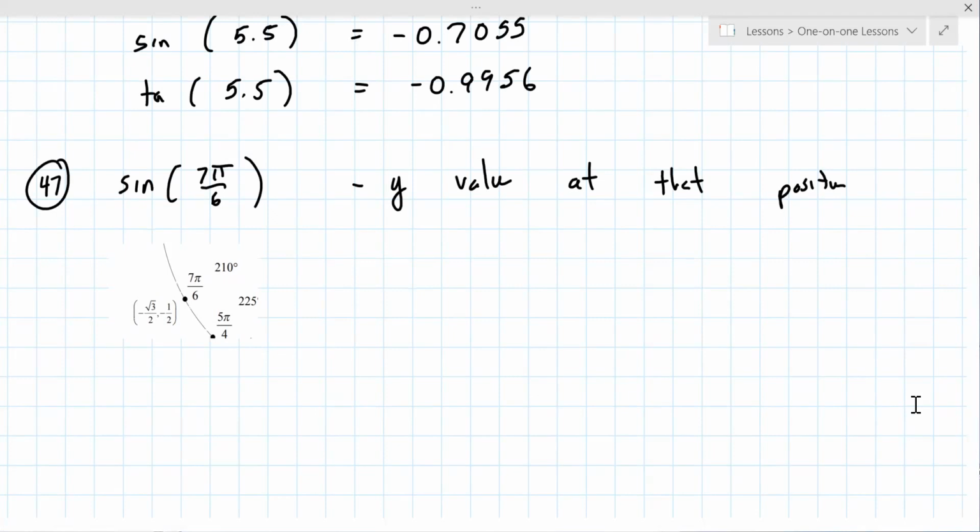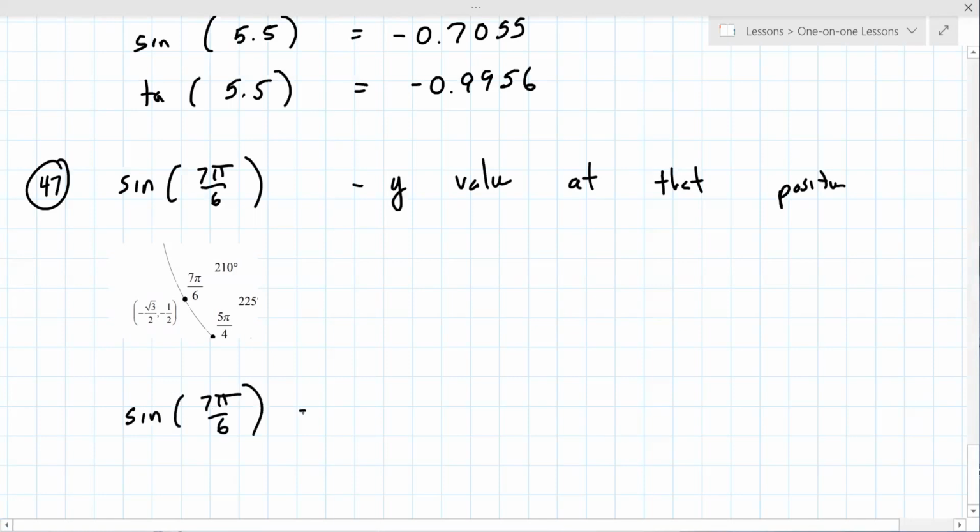Would the y value just be the negative 1/2, or are there more layers to this? No, that's it. The sine of 7 pi over 6 is minus 1/2. I mean, it's just writing down the values. So these are going to go pretty quick.